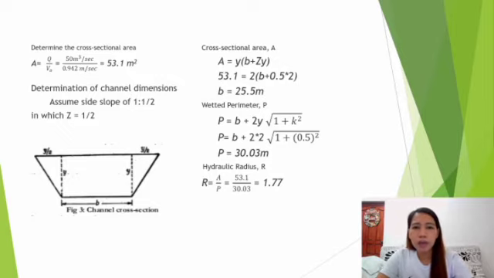Now, after we got the cross-sectional area and the wetted perimeter, we'll proceed to get the hydraulic radius. Given the formula, R is equal to A over P, so that's 53.1 over 30.03. So our hydraulic radius R will be 1.77 meters.